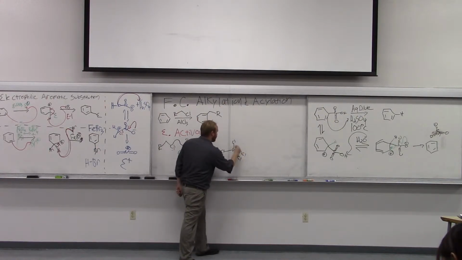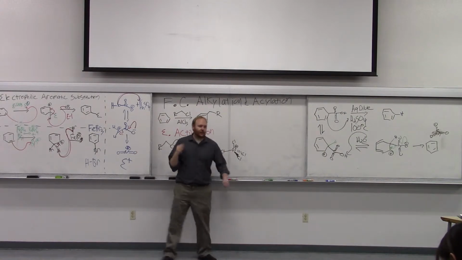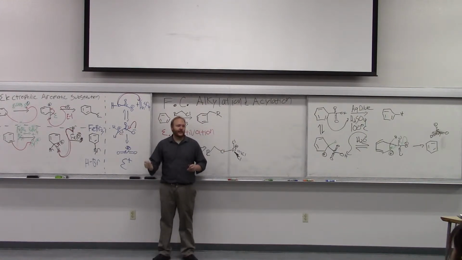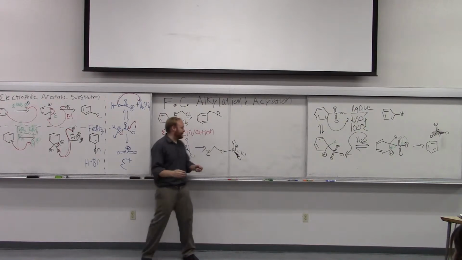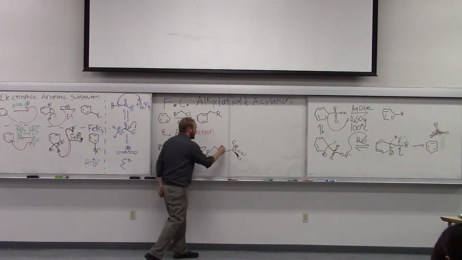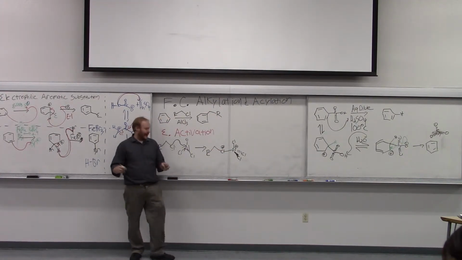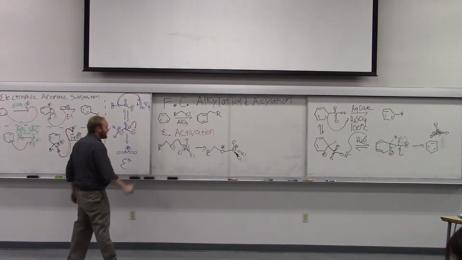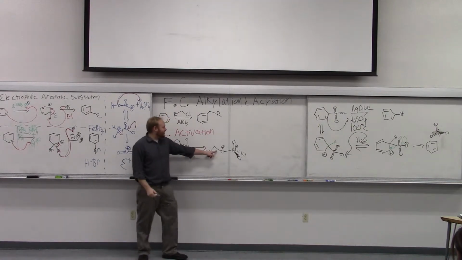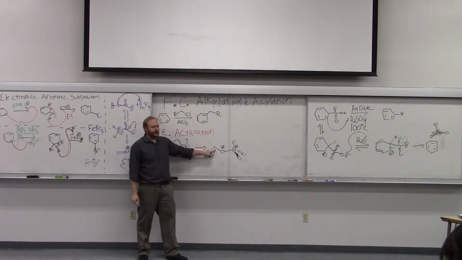In fact, because of that, the halogenation I showed you with the FeCl3, a lot of people call it a Friedel-Crafts halogenation because it's the same thing, the lone pair of electrons from the halogen attacking the Lewis acid. So very similar to that. In this case, this can easily fall off to give us a primary carbocation.